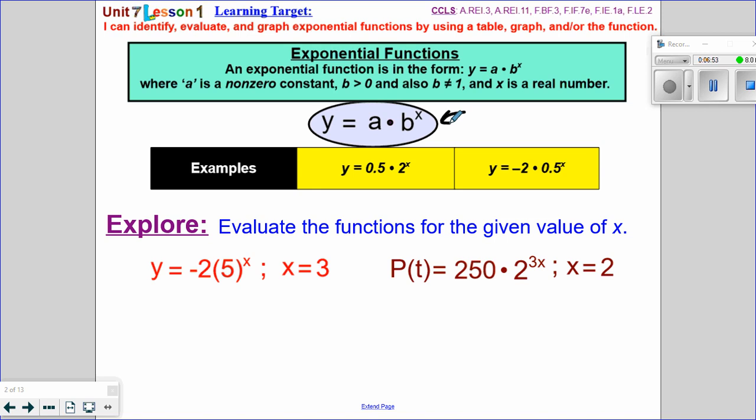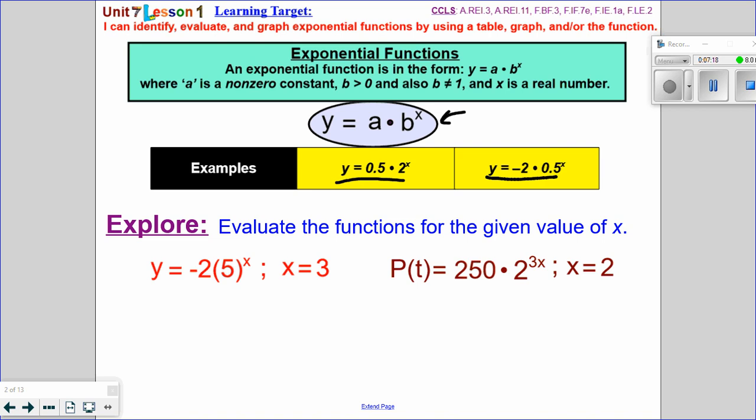And also b cannot equal 1. All right, x is a real number. So what does this mean? Okay, so we're going to explore a couple of the things, and it's not as difficult as I just made it seem.